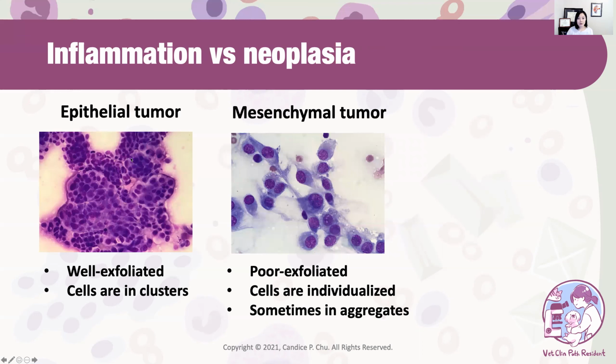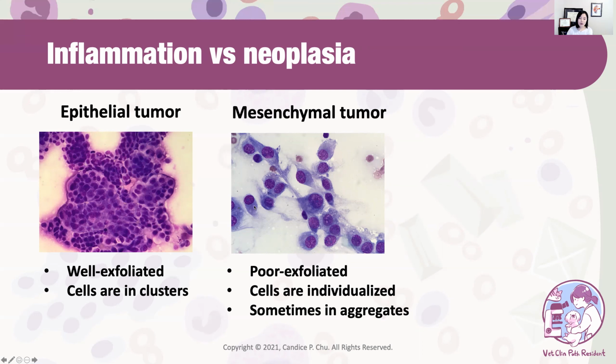And then the mesenchymal tumor, the cells are more spindle looking. They're usually poorly exfoliated. So when you take the sample, you usually don't expect to see a highly cellular sample. Cells are more individualized. They don't necessarily want to stay together. And the cells would be more spindle in shape.